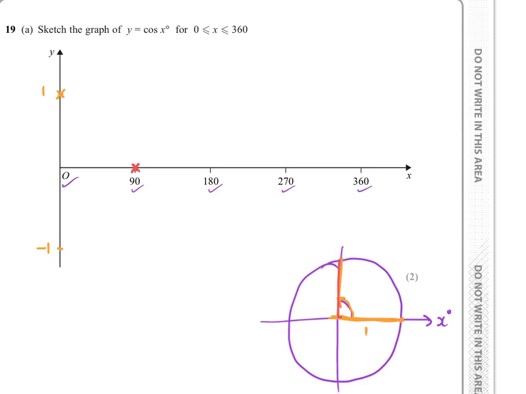When we get to 180 degrees here, then we have this situation going on here. So the cosine, if this is 0 and this is negative, don't forget, we'll have negative 1. If we go to 270 degrees, then we have this situation here and there's no cosine at all. And 360 degrees all the way round, we're back to where we started and we're back to 1 again.